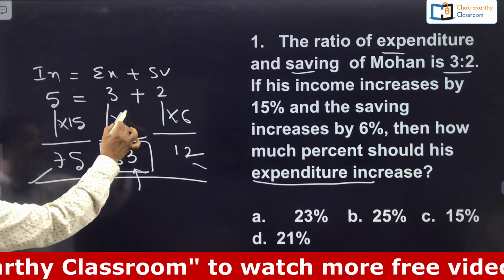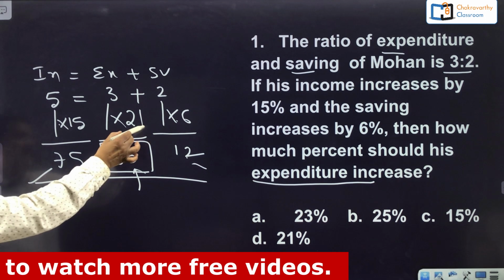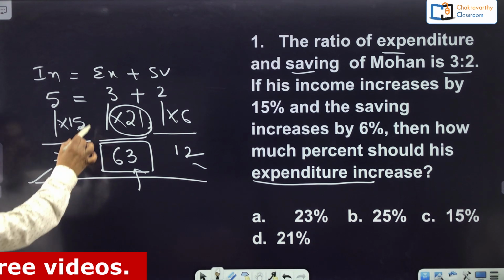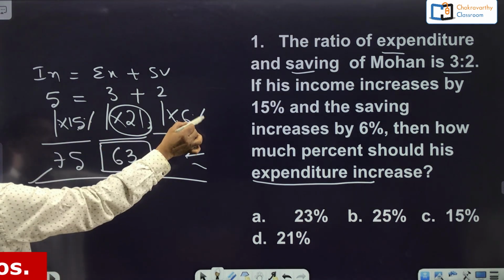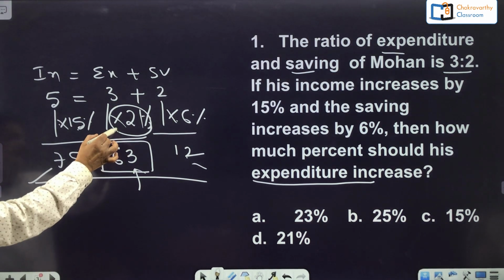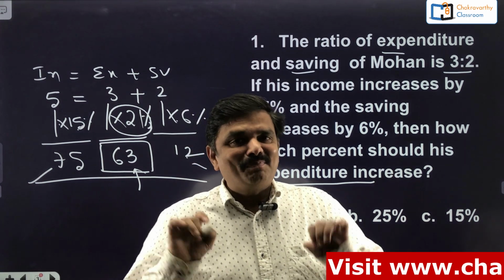So this is 21. How simple. So very clearly students, how much percentage increased? Previously we have done percentages. If you want, you can write percentage. This is percentage, here also percentage. Now how much percentage it is increased means 21%. Isn't it simple for you?